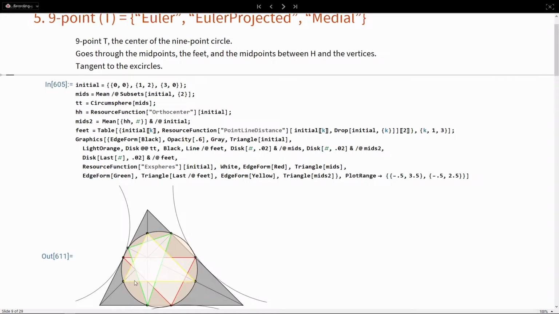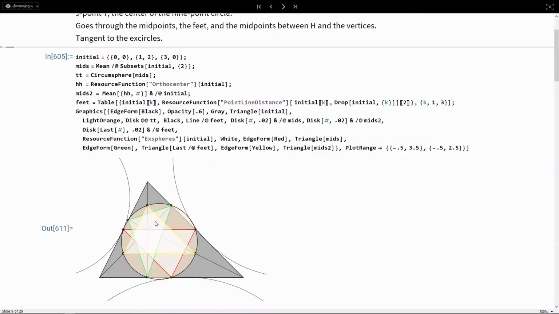So in yellow, we've got the midpoints to the orthocenter. In green, we have the altitudes. And in red, we have the medial triangle. So it's the orthic triangle, the medial triangle, and the Euler triangle. Euler was the one who made this yellow triangle famous. Those 9 points are what's on the 9-point circle. And it's tangent to the 3 excircles.